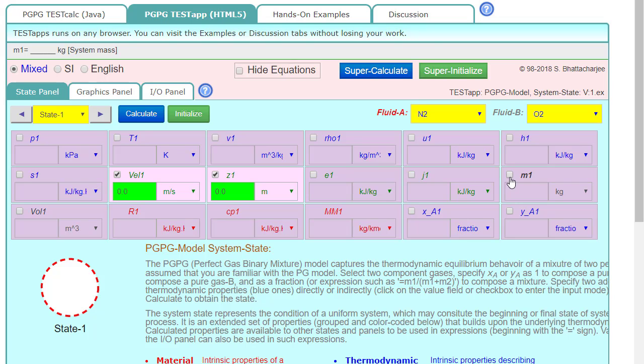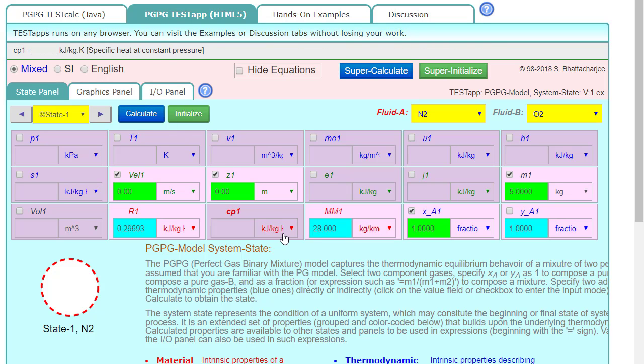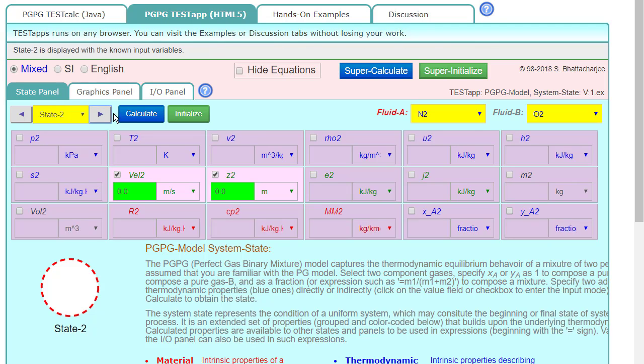We were given that it's 5 kilograms of nitrogen, and then the mass fraction of fluid A would be 1, since it's all nitrogen. So calculate, and you can see we get the molar mass and gas constant for that state.